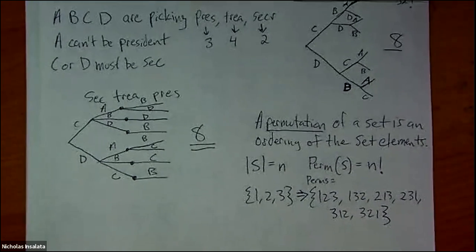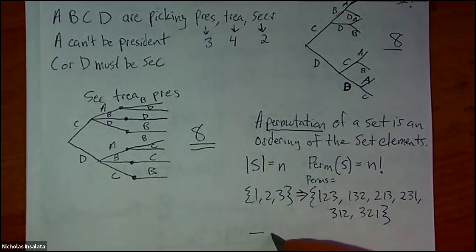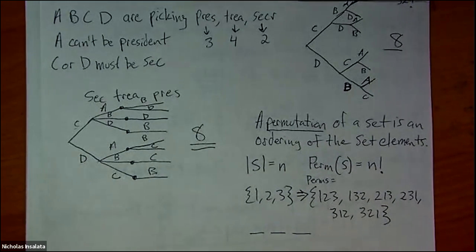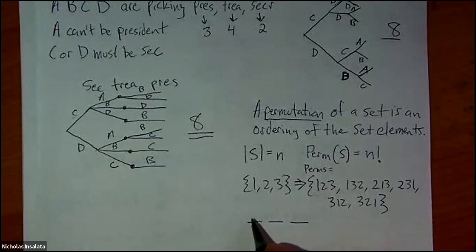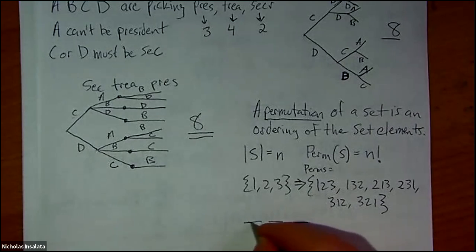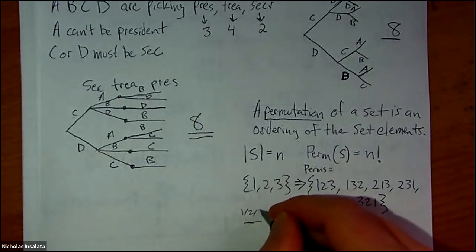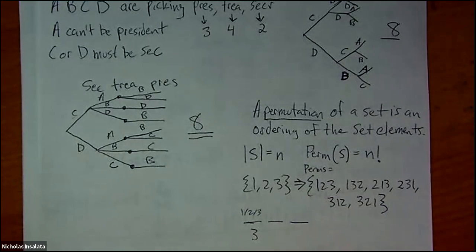The way of thinking about this is saying, okay, I have 3 slots, right? We're going to think a lot about slots in the coming problems. Okay, we have the first, second, and third slot. Well, when we put something in the first slot, we could put 1 or 2 or 3 in here. So there are 3 options, right?